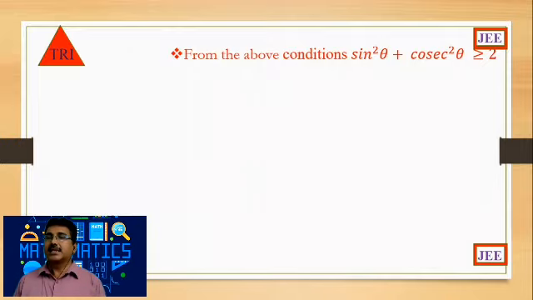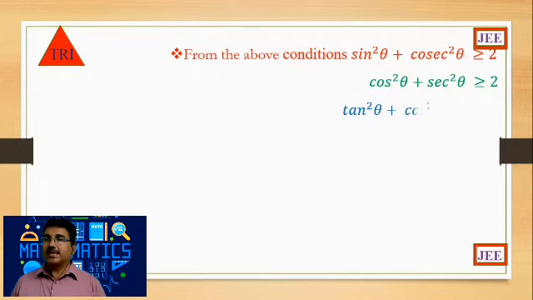Similarly, cos square theta plus secant square theta is greater than or equal to 2. Tan square theta plus cot square theta is also greater than or equal to 2 for all theta. Right? Now see some examples.